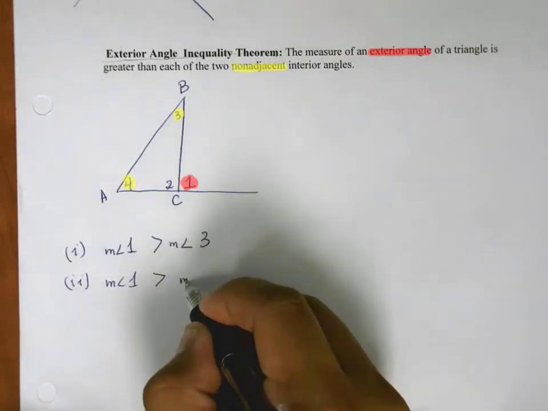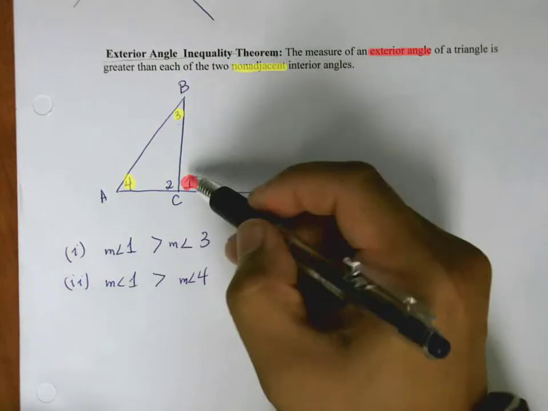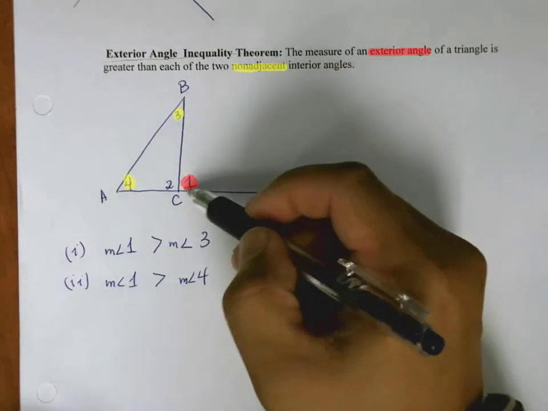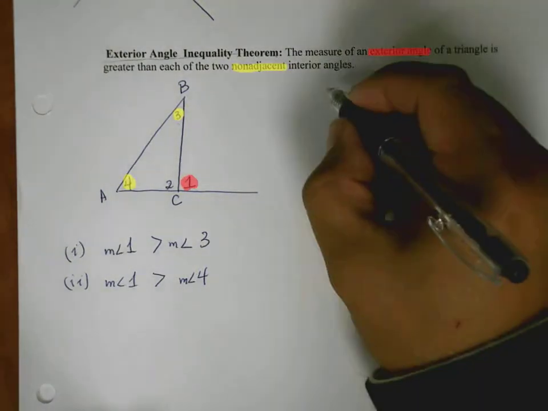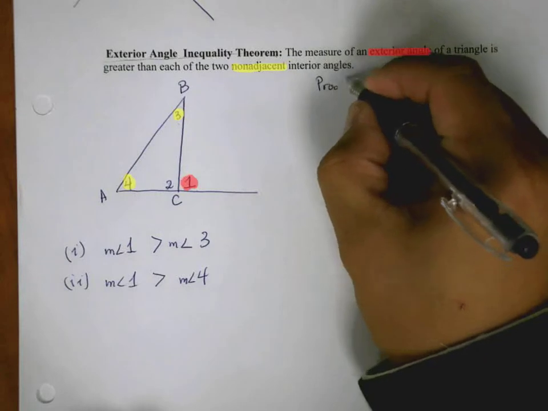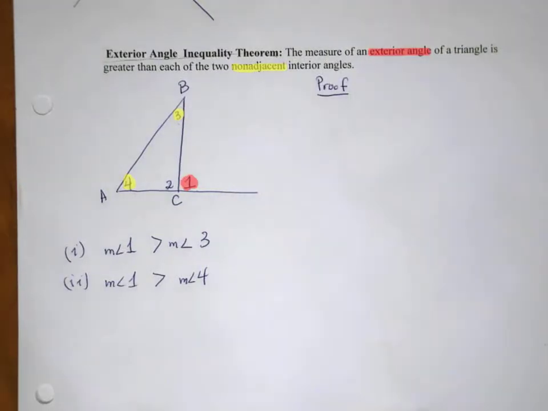So 1 is greater than 3, and 1 is also greater than 4. Let's go forward and try to prove this. This is a proof unlike any other we've seen before, because we haven't done anything with inequalities yet. We've proved things are equal, but we haven't proven anything that is unequal yet. So this is a little bit new.